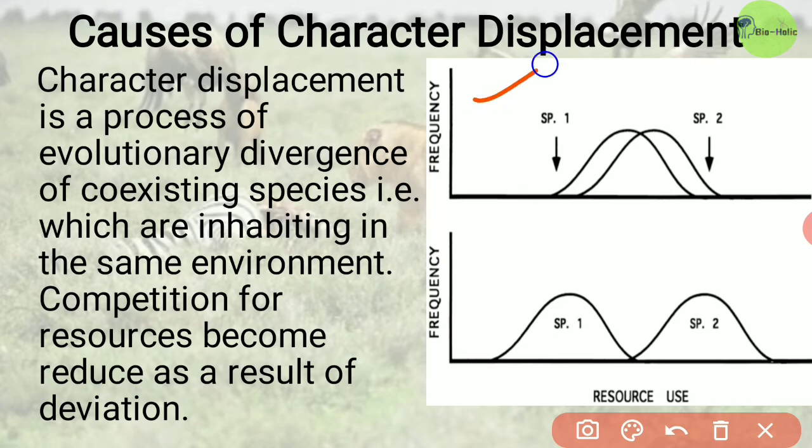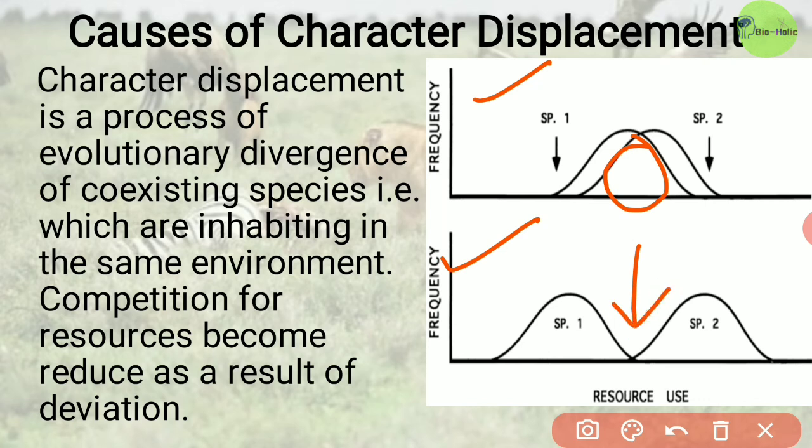Initially, before character displacement, two species encounter each other with an overlap of phenotype associated with resource use and reproduction. But after character displacement, which arises for avoiding competition, even if the niche or area remains the same, only the resources used become changed.